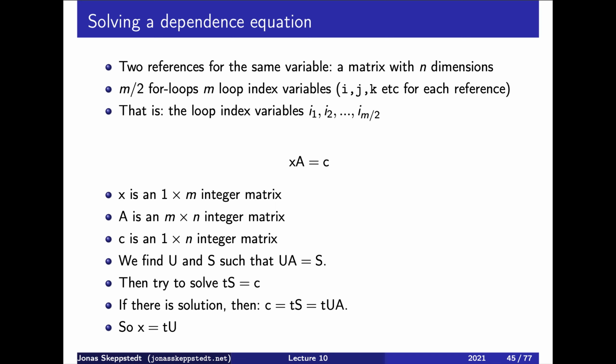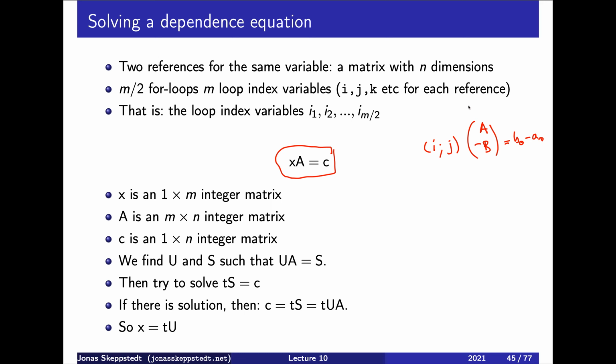Okay, so what we do is, first we have the two references, and we had this like this: I j times I minus b, but we write it like this instead because it's more convenient. We had a loop nest before.